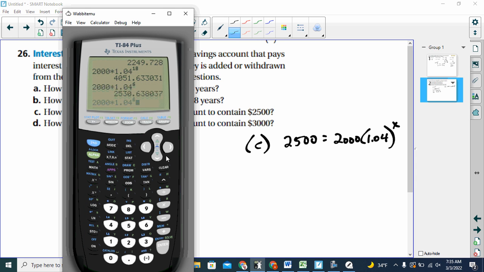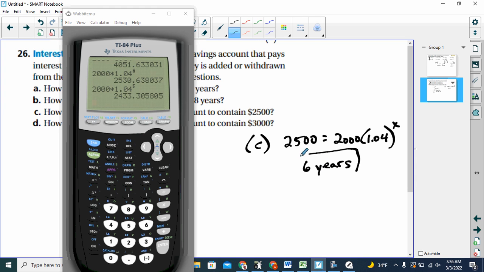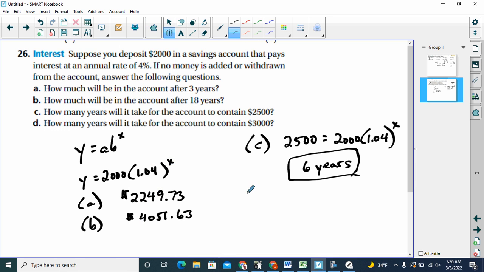Check to see if 5 was above or below $2,500. So after 5 years, we had $2,400. After 6 years, we had $2,530. So it takes 6 years to reach $2,500. So you could guess and check at it. That's a fine way. For now, we'll have a better method soon enough.